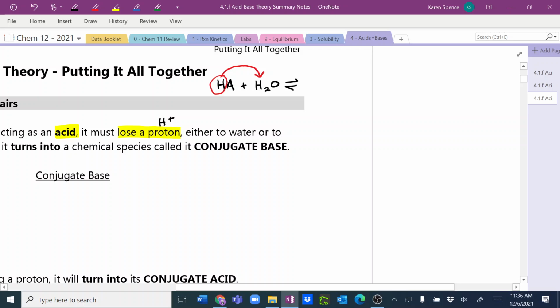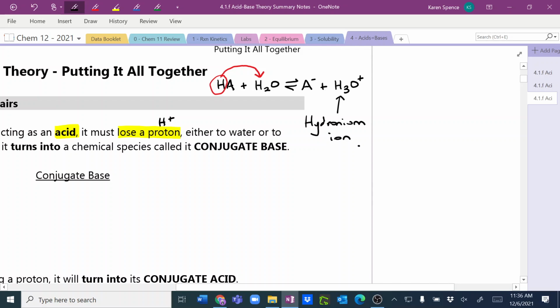It becomes the hydronium ion, yes? So we are left with A minus plus H3O plus, and H3O plus is known as the hydronium ion.